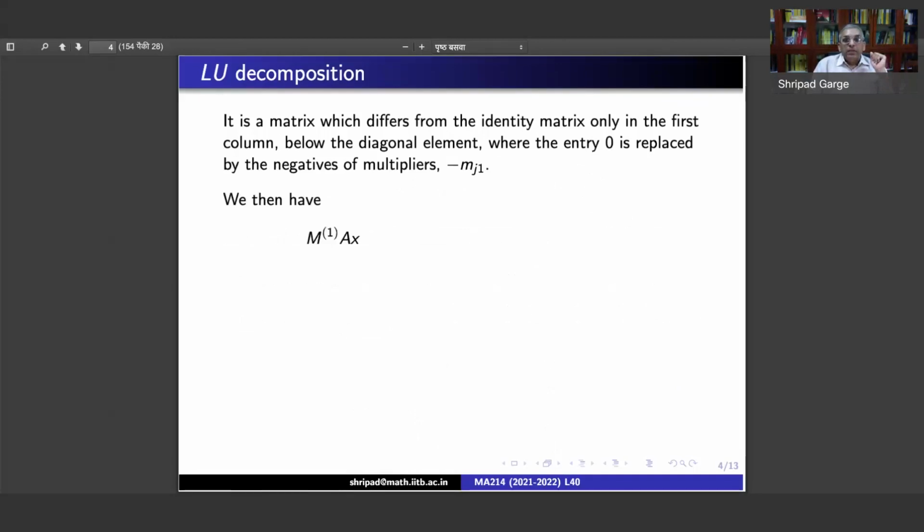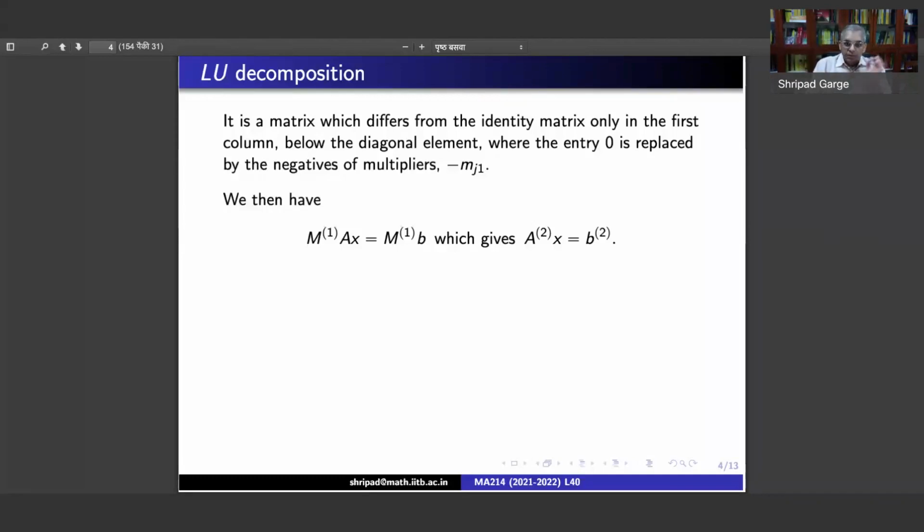So then we have M1AX equal to M1B, and this gives a new equation, A superscript 2 x equal to B superscript 2. So the earlier equation AX equal to B can be thought of as A1x equal to B1. Now after multiplying M1 to A1x, we get A2x, and by multiplying M1 to B1, we get B2.